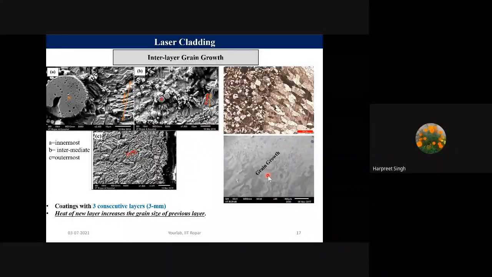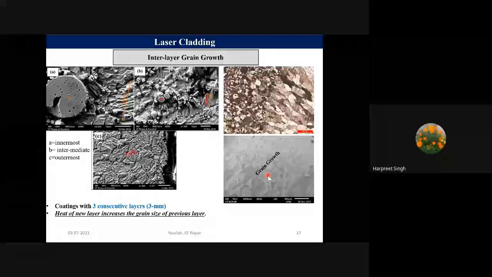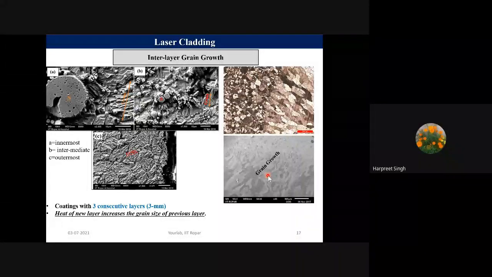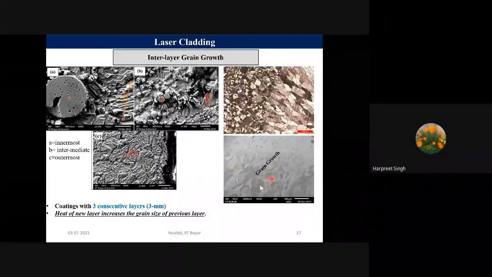So once you deposit some layer, say 20 micron, and then another material is deposited, every time the previously deposited material undergoes some temperature cycles, and there is a chance of grain growth and so on. That is what is shown here. So SEM could reveal this nicely. This is the etched one with SEM, and you can see this.